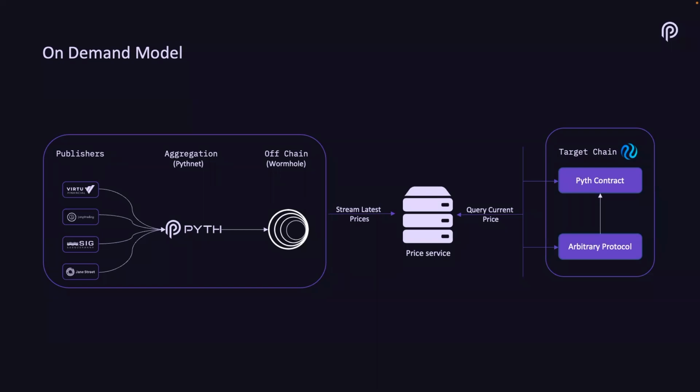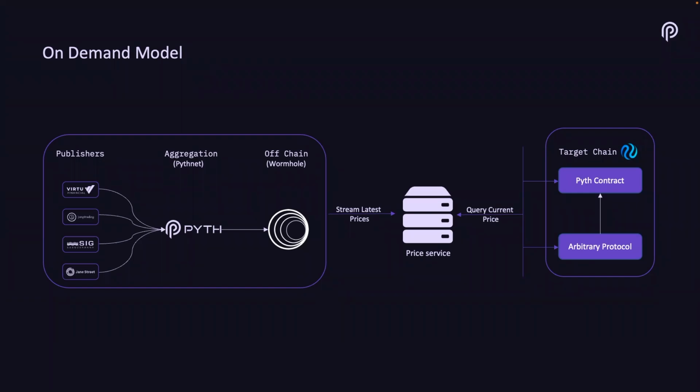And this allows us to support a large number of price feeds. And since a consumer can fetch the price when they need it, they will have the latest price, the most recent one. So this model is also a low latency one too. So this allows the consumer to have access to high frequency and low latency prices.